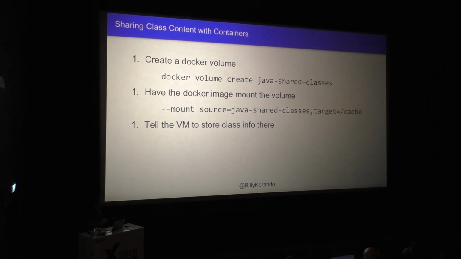And then you want to tell the J9 VM to actually use the shared classes and cache them in that /cache directory. To do that, you simply start your VM with -Xshareclasses:cacheDir=/cache. And you start all the VMs with that option within that Docker environment, and they're now sharing that read-only class information in that cache efficiently.